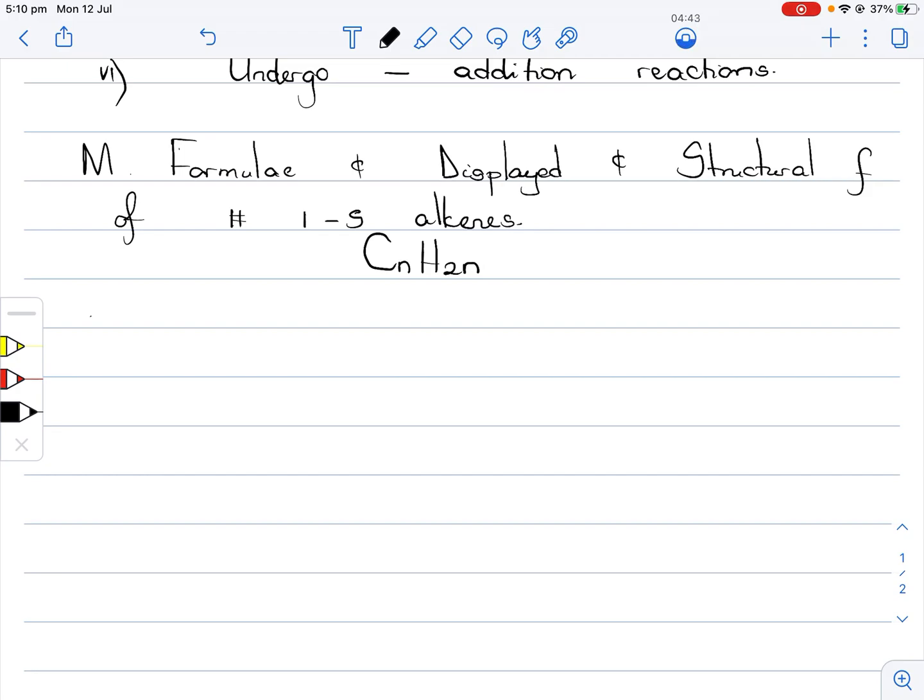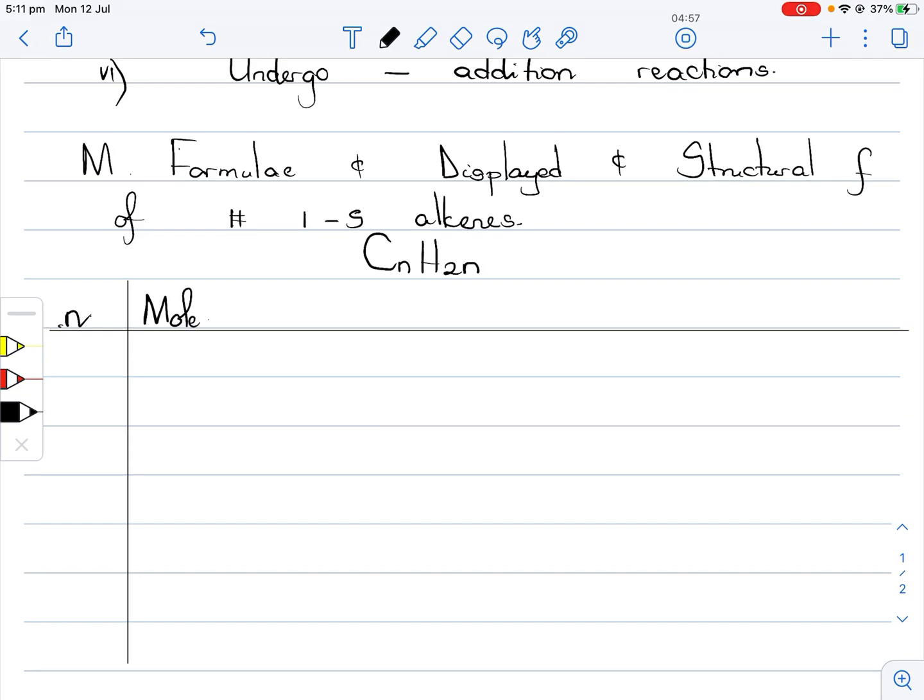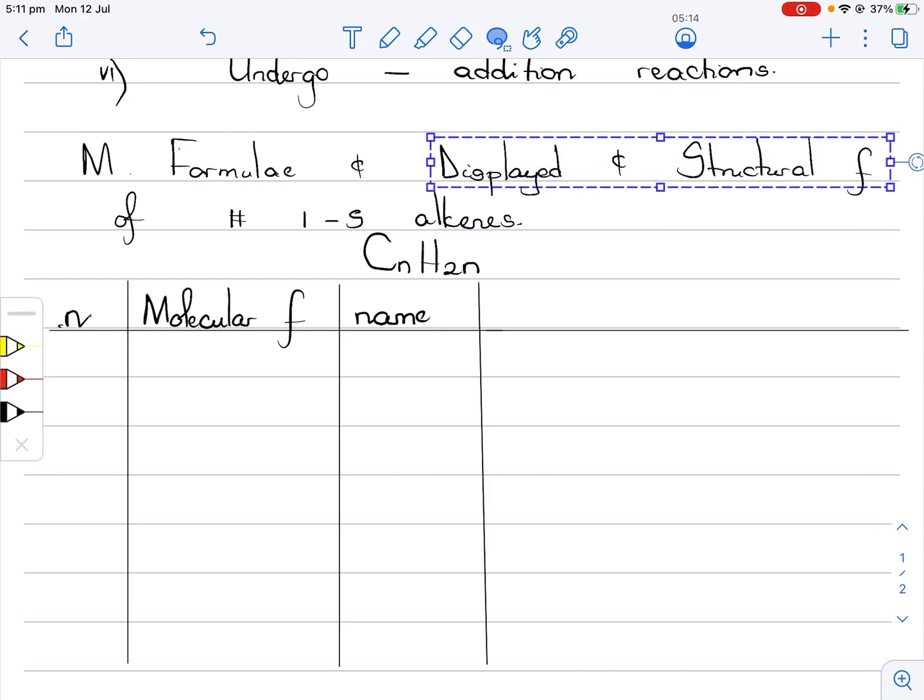Now, when n is equal to 1, we want to be able to come up with the molecular formula, the name, the displayed formula, as well as the structural formula.